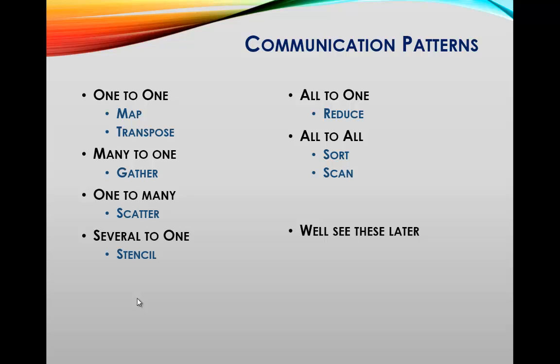We have one-to-many, which is your scatter operation, when you take one of the input elements and spread it into many output elements. And a specialized case of gather, which is called stencil, where you have a neighborhood of several input elements that you want to gather data from for one particular output element.